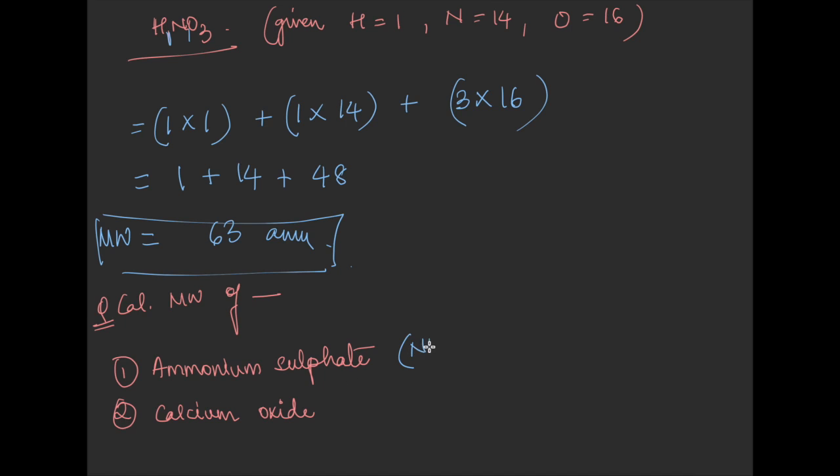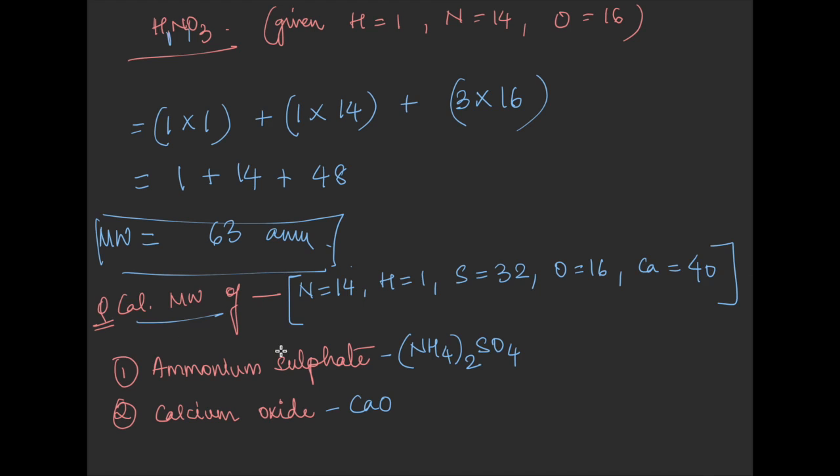Ammonium sulfate is NH4 taken twice, SO4, and calcium oxide is CaO. So the chemical formulae are given. Also, I'll be giving you the atomic masses. Consider the atomic mass of nitrogen is 14, of hydrogen is 1, of sulfur is 32, of oxygen is 16, and for calcium it is 40. Find the molecular weight of ammonium sulfate and calcium oxide.